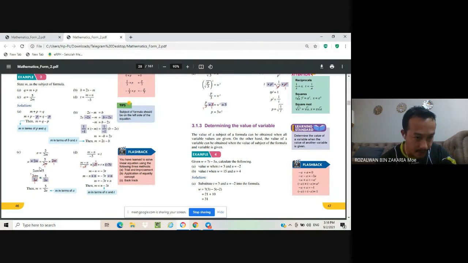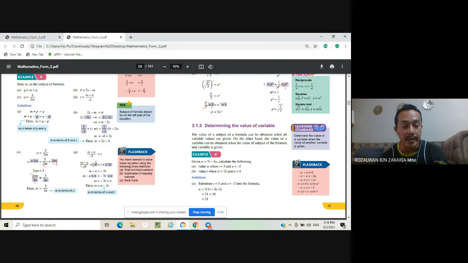So how to do this one? We want to make this 2M, which is what we call the denominator. 2M is the denominator and 5 here is the numerator. How to make this 2M become numerator? You can do like this. 5 over 2M you can multiply with the 2M.